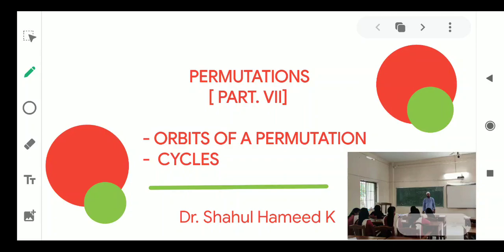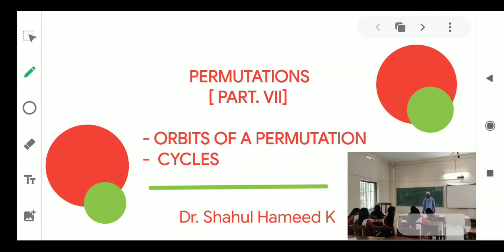So for learning cycles, we require the definition of orbits for defining cycles. So orbits are to be carefully understood first. For learning orbits, you have to recall the definition of equivalence relation. A relation on a set A is called an equivalence relation if it is reflexive, symmetric and transitive.